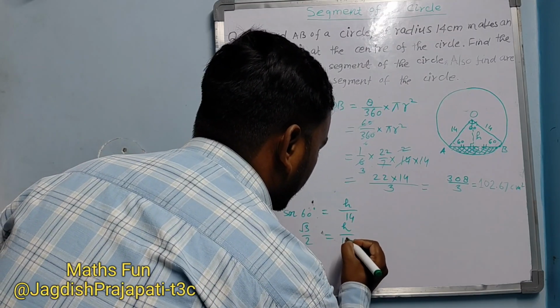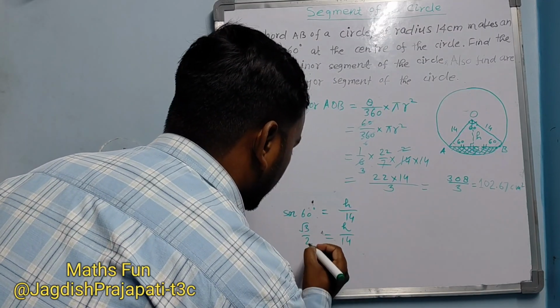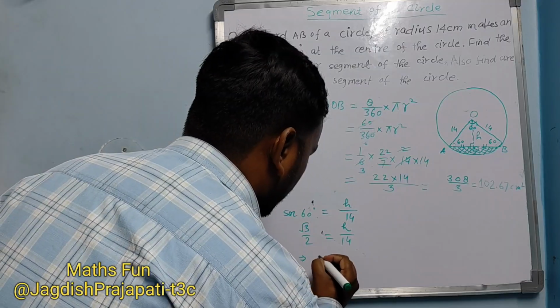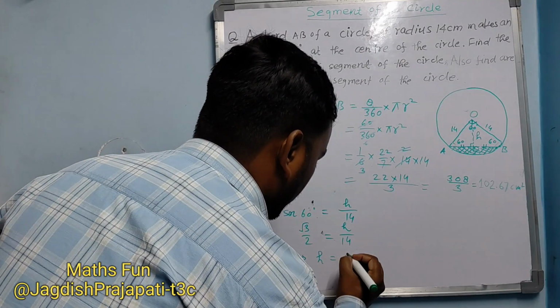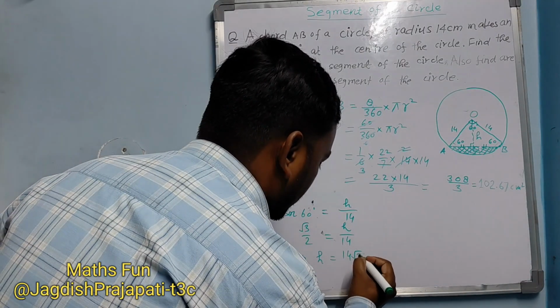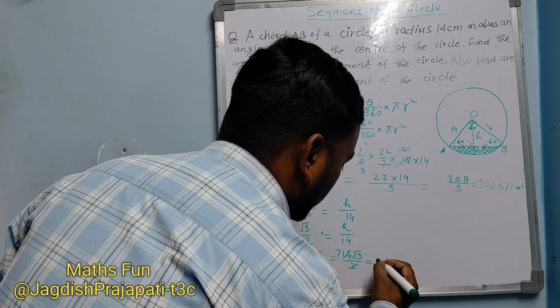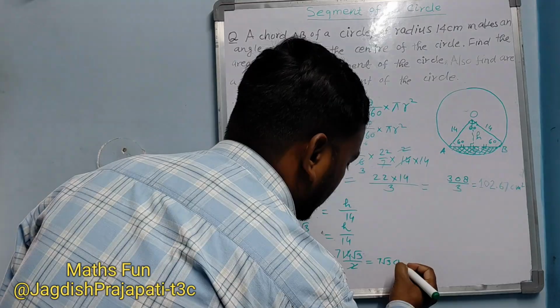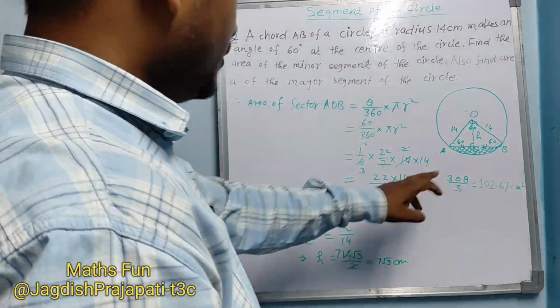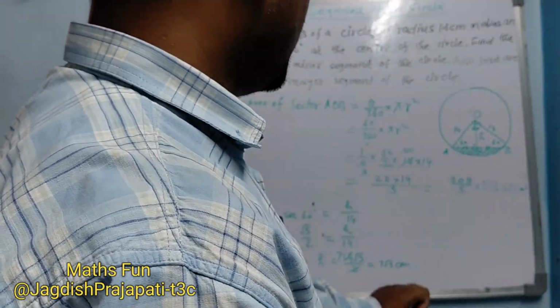So this is h by 14, and therefore h equals 14 root 3 by 2. 2 sevens are 14. So 7 root 3 centimeter. So now we know h is 7 root 3 centimeter.